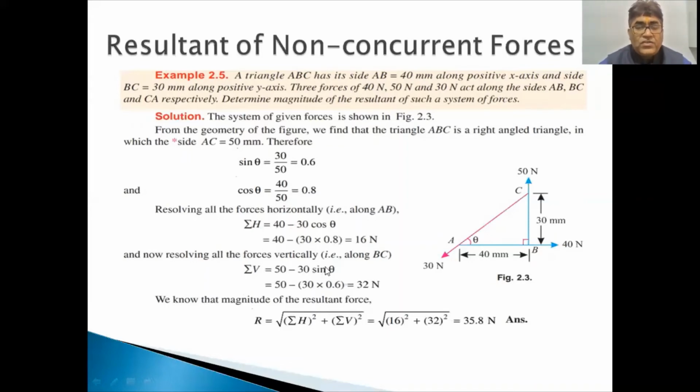Now resolving all the forces vertically, we get the value of summation V. Taking the sign convention that a force upward, towards the positive y-axis, is positive and a force downward is negative, we have 50 Newton upward.